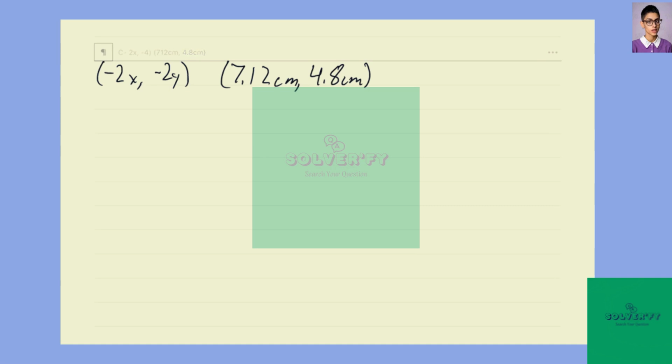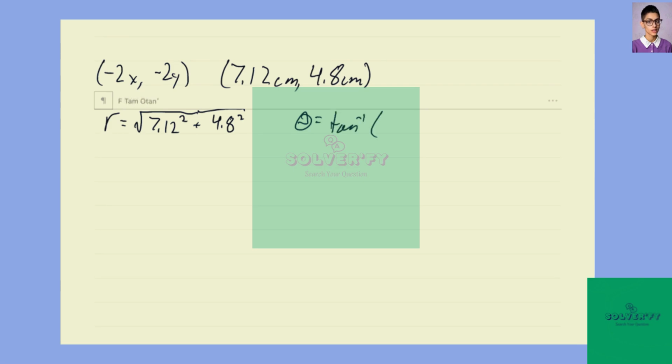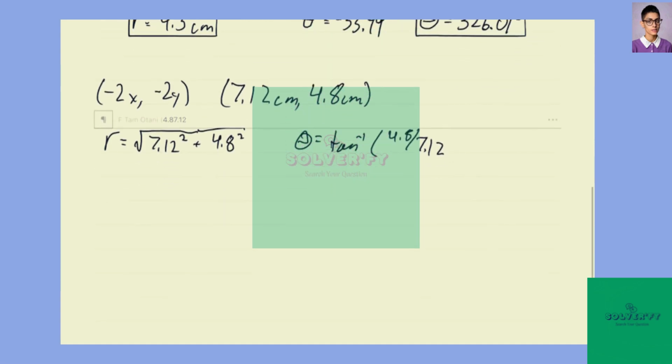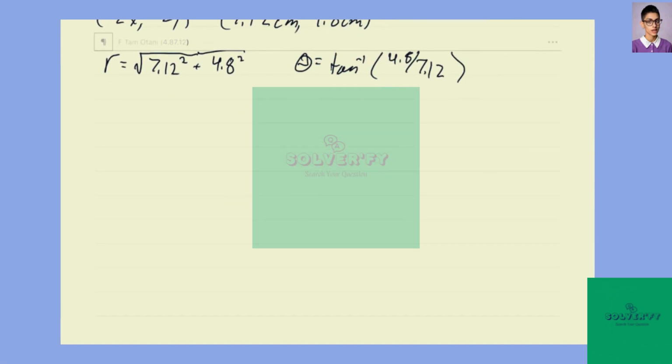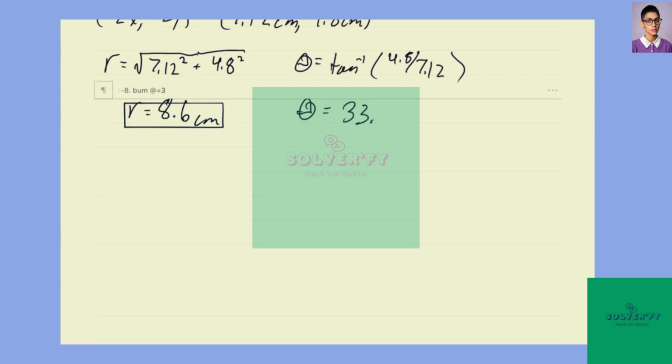Again, using the formulas above, we know that r equals the square root of 7.12 squared plus 4.8 squared, and theta equals the inverse tangent of 4.8 divided by 7.12. And therefore we know r equals 8.6 centimeters and theta equals 33.99 degrees.